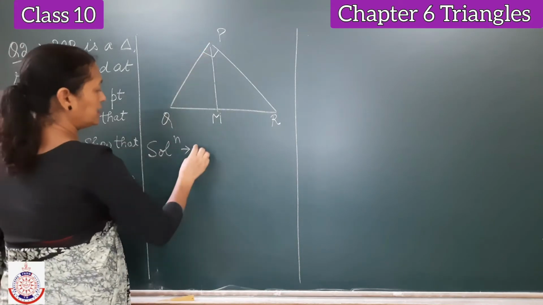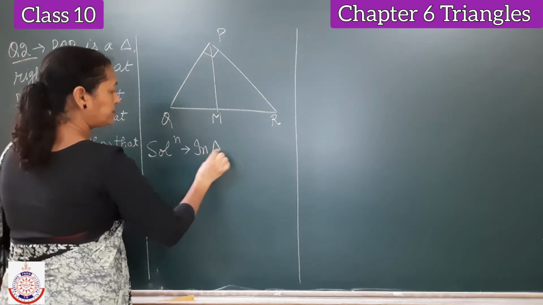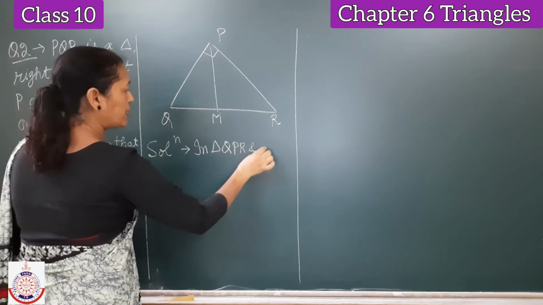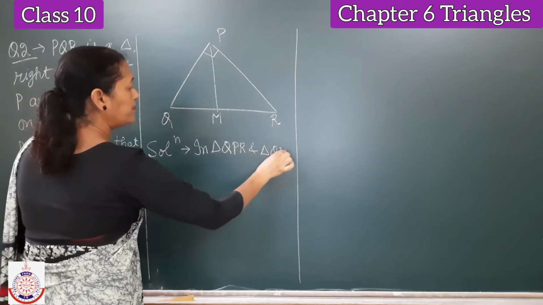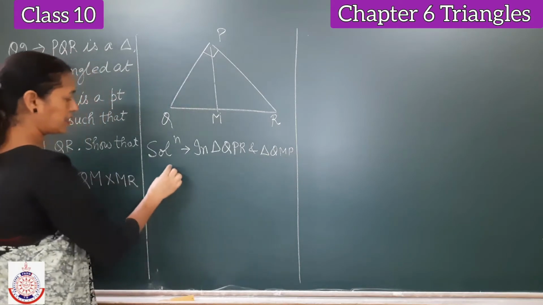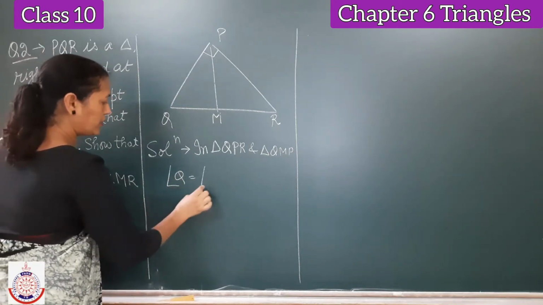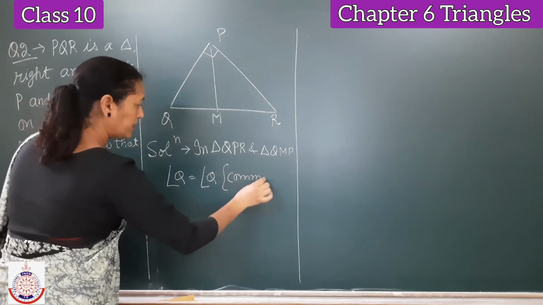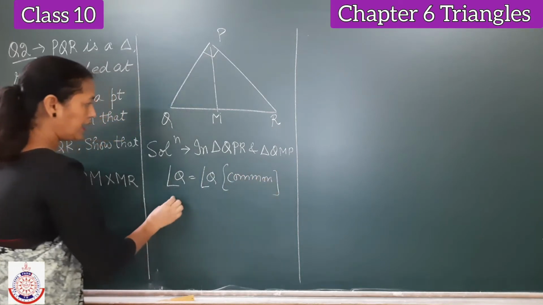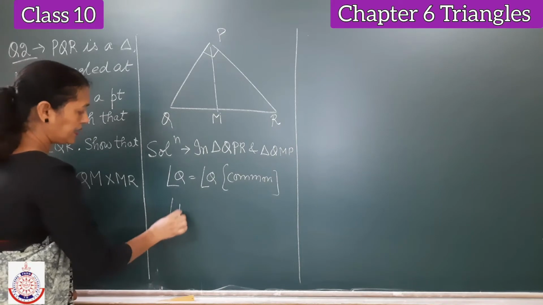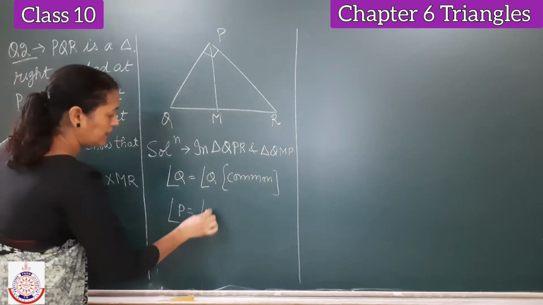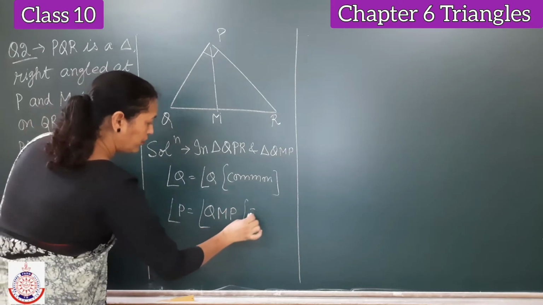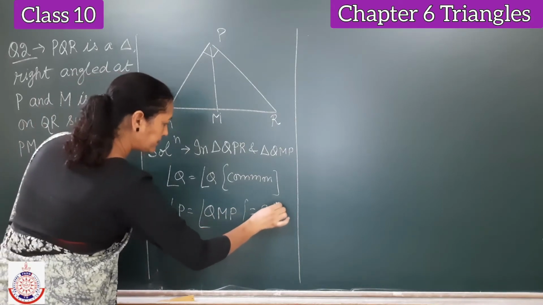If we take triangle QPR and triangle QMP, angle Q is equal to angle Q, common. Angle P is equal to angle QMP, both equal to 90 degree.